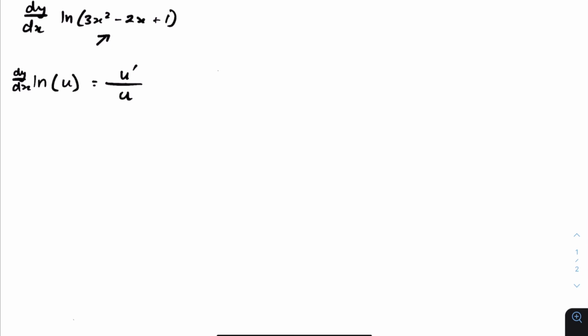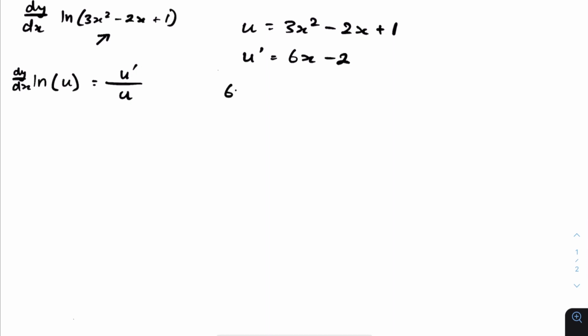So in this case, we can say that u is equal to 3x squared minus 2x plus 1. And the differential of u is just 6x minus 2. So we can plug it into our equation and we get 6x minus 2 divided by 3x squared minus 2x plus 1. And yes, the ln just goes away, just evaporates.